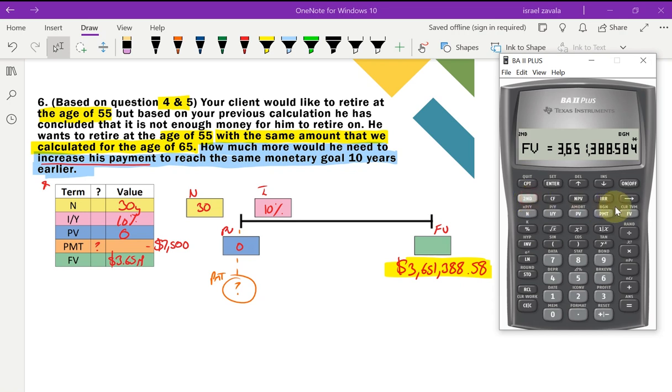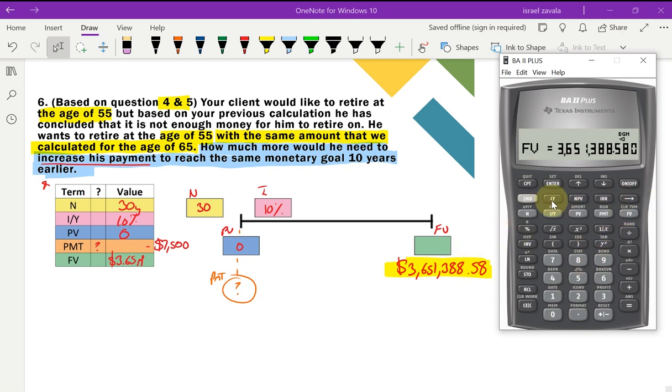Let's clear this. So we have our numbers here. 30 years, he wants to retire 10 years earlier. The interest rate is still 10%. There is still no present value. Payment is what we're looking for now, which is a little different. And we have a future value of 3,651,388 and 58 cents.